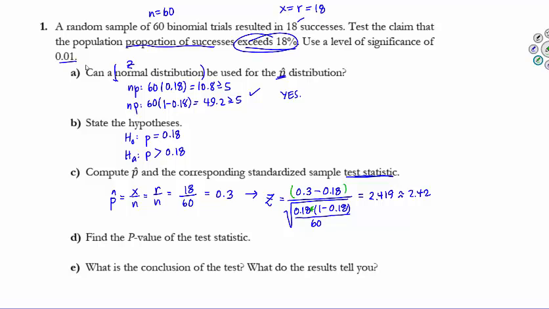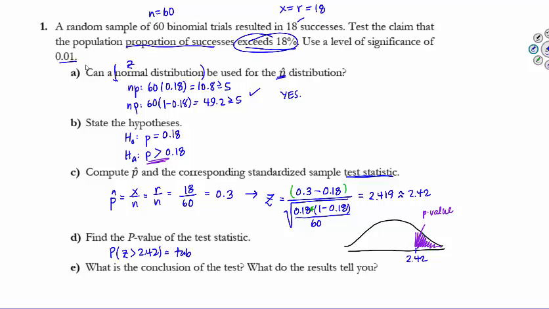To find the p-value of the test statistic, remember what's going on. This is a normally distributed test statistic with a value of 2.42. Our hypothesis test said we were looking at the probability of being greater than this value, so the p-value will be to the right of the test statistic. The p-value here is the probability that z is greater than 2.42.